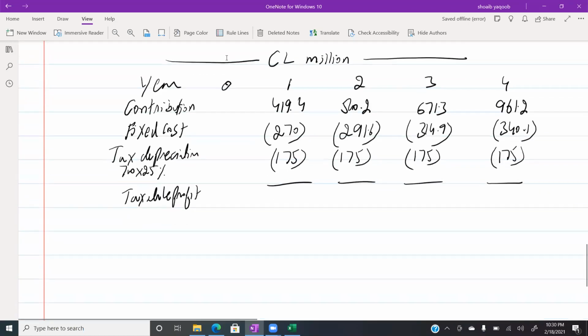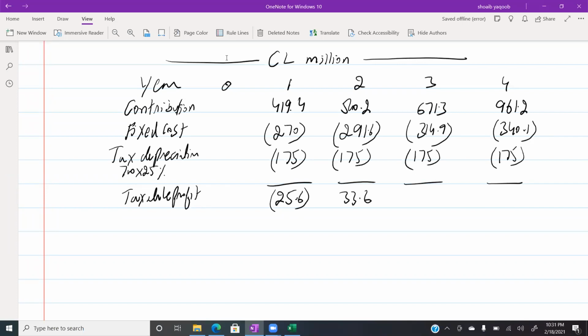Please calculate the taxable profit. In first year, it will be 25.6 negative. Second year, 33.6.